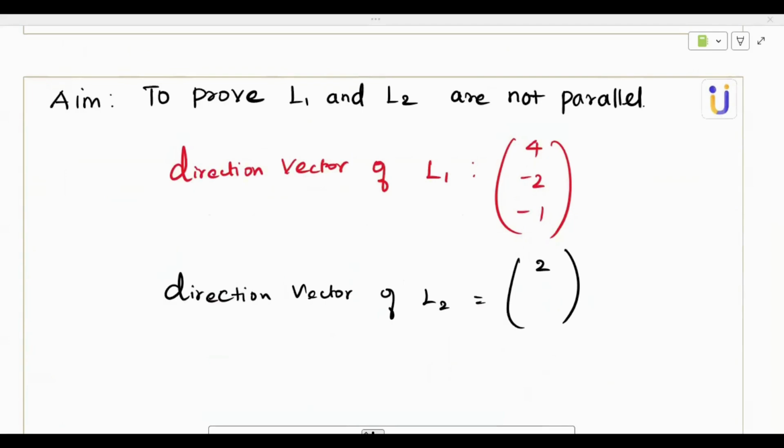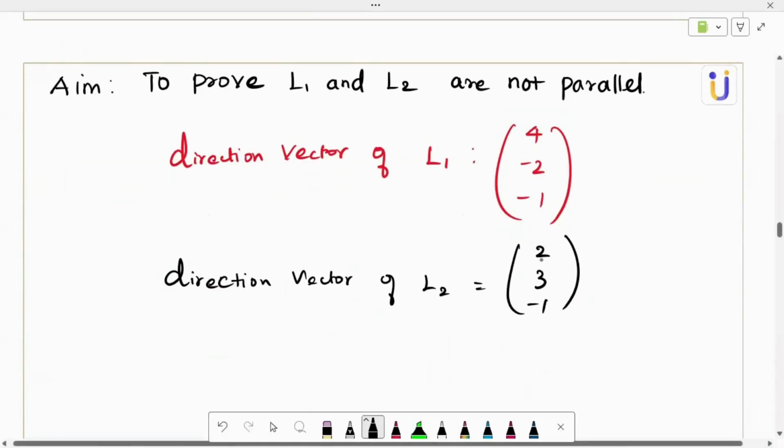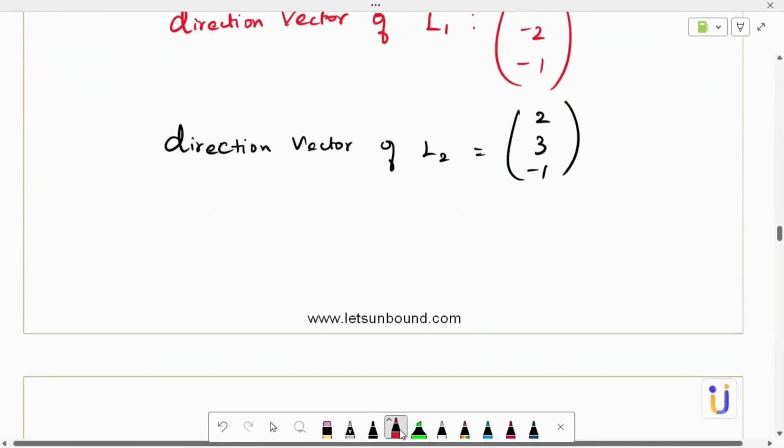Okay, if they are parallel, the condition is this. If this is the S vector and this is the Q vector, you will be able to write the S vector as some scalar times the Q vector. This is the condition. This is imaginary. We already have S and Q. Don't confuse. Let me try to apply this.